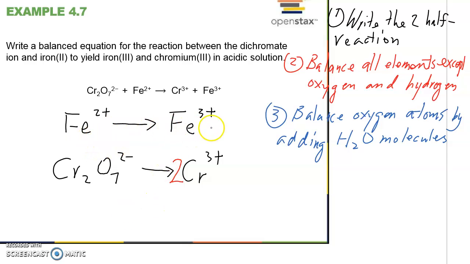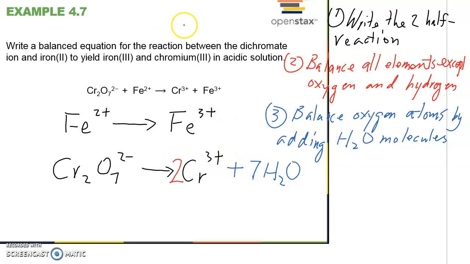In the first half reaction, oxygen is balanced. In the second half reaction, I can see oxygen on the left side, but I don't see oxygen on the right side. How many oxygen on the left side? I have 7. So in order to balance it, I have to add 7 water molecules, because in each water molecule I have 1 oxygen. So now oxygen is balanced.